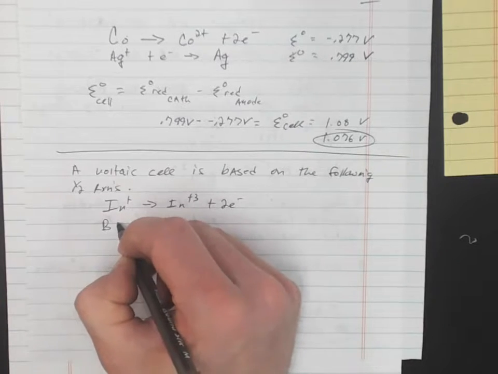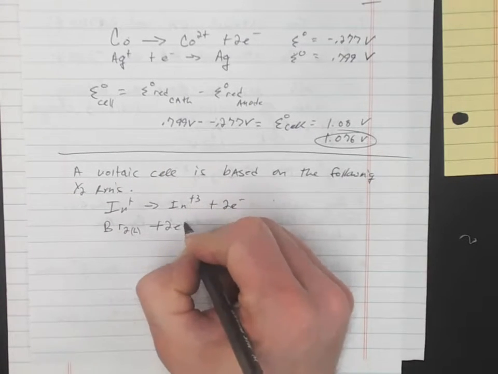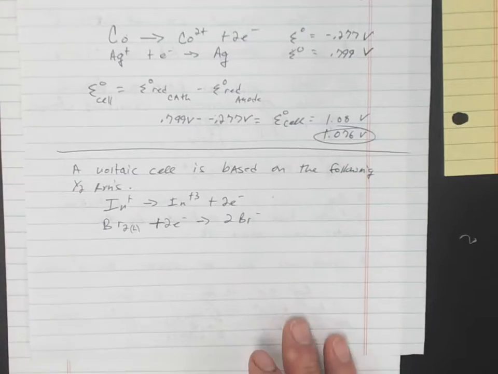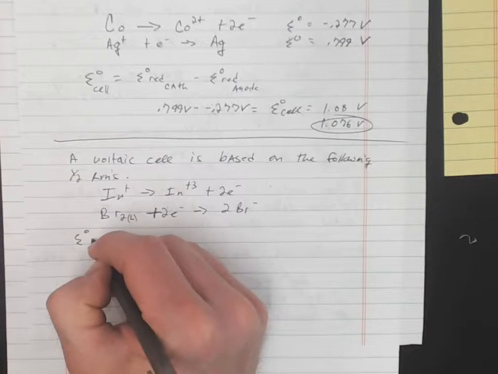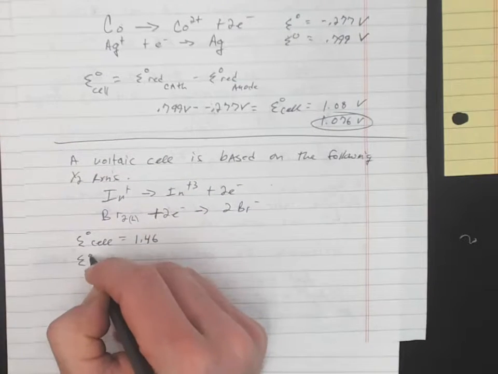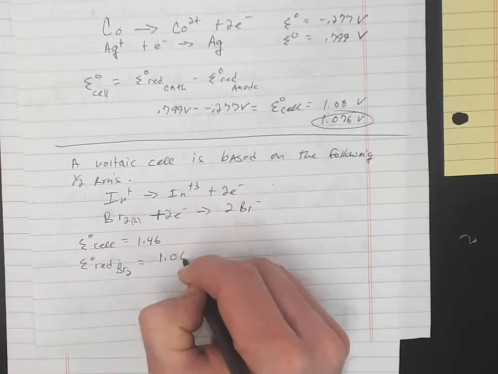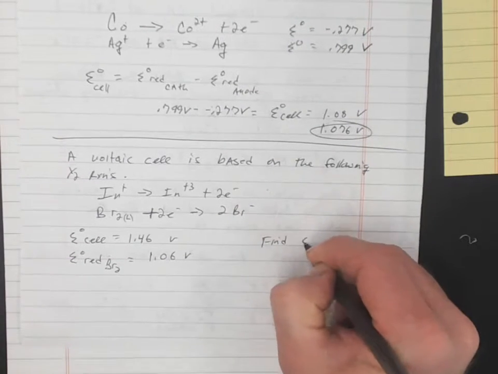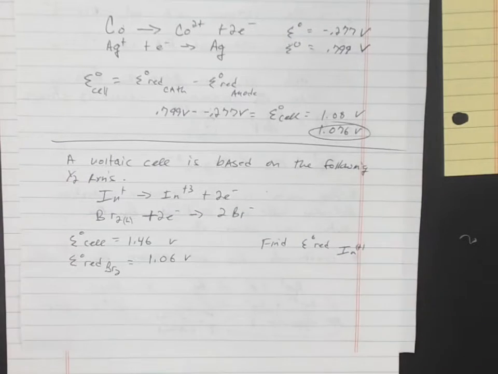And the second one is Br2 added to 2 electrons to yield 2 Br negative. And they tell us that the E naught for the cell is equal to 1.46. They tell us the E naught reduction for the bromine is equal to 1.06, and they want us to find the E naught reduction for the Fe half reaction.